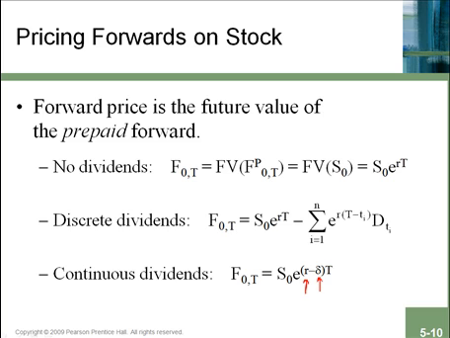On the other hand, if it's the other way around, and if the continuously compounded annualized dividend yield is more than the risk-free interest rate, then you're going to have a forward discount because e to the (r minus delta) times t is going to be less than 1. If you're not convinced, of course you can work through a few examples and see that this is in fact true.